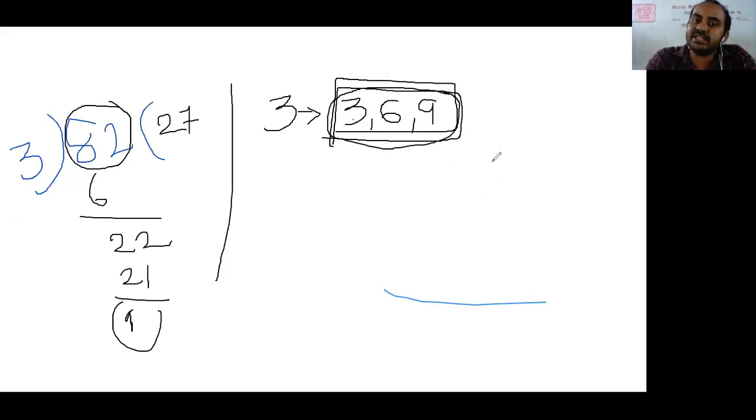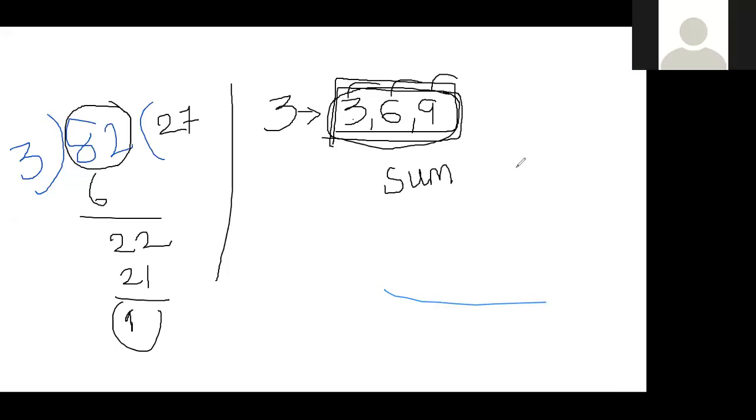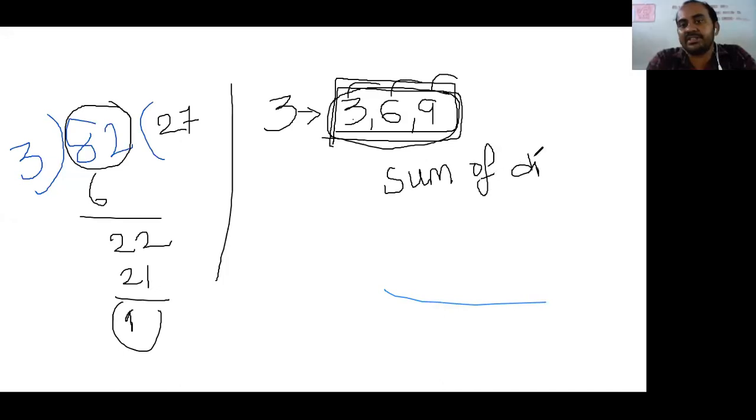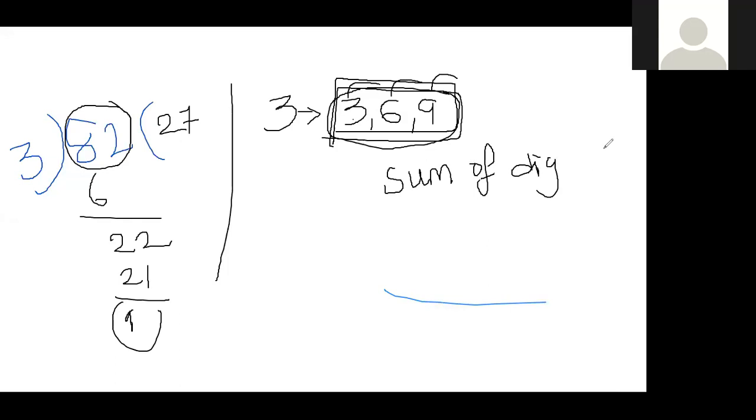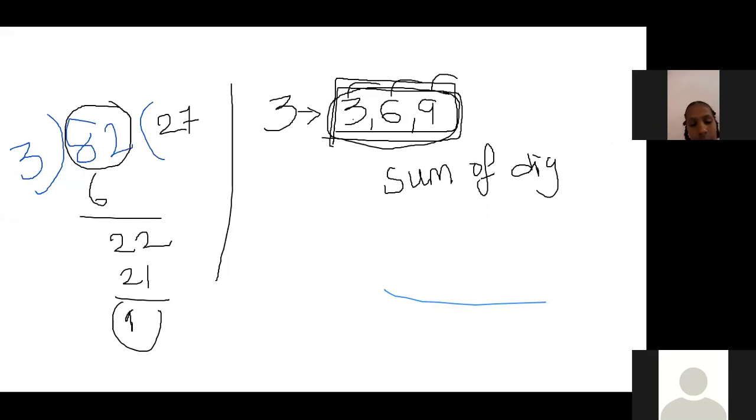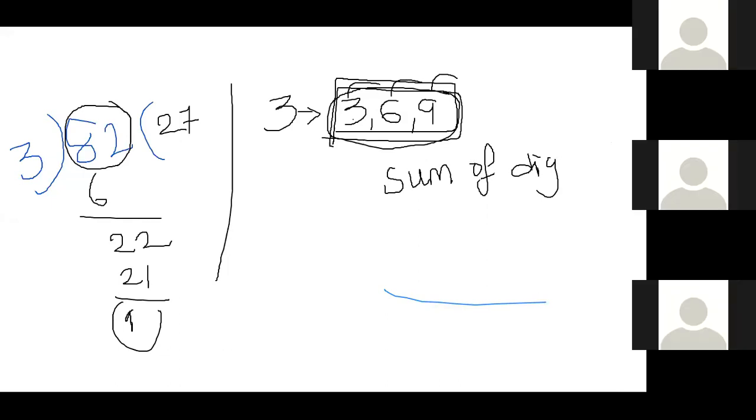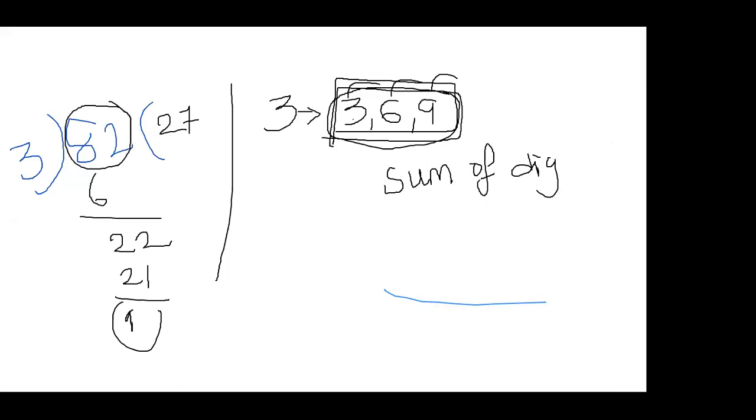If the digit is either this number or this number or this number, or the sum of the digits is one of these, the sum of the digits are divisible in 3 table, the given number is divisible in 3 table.